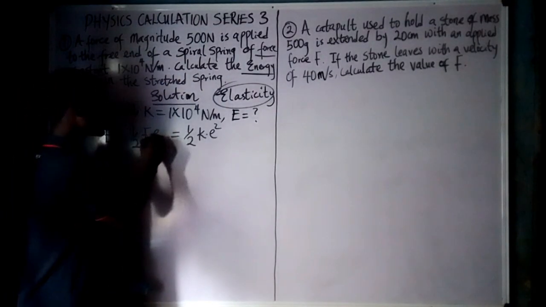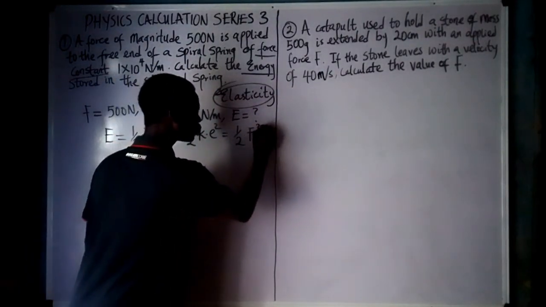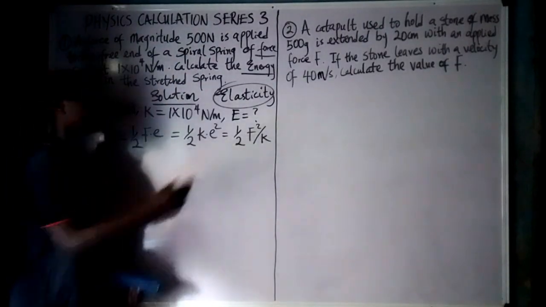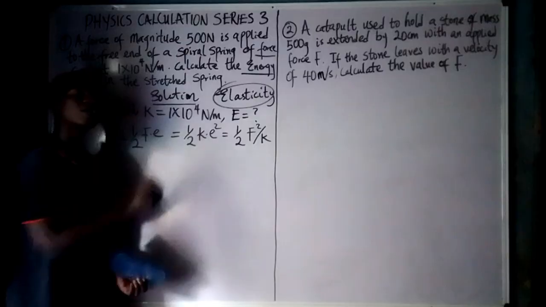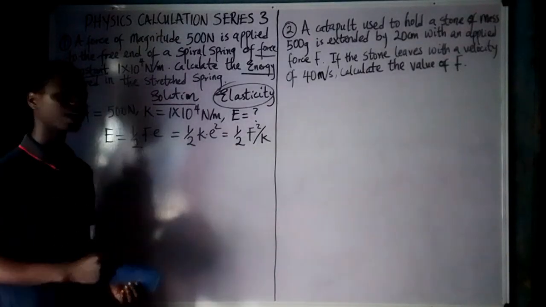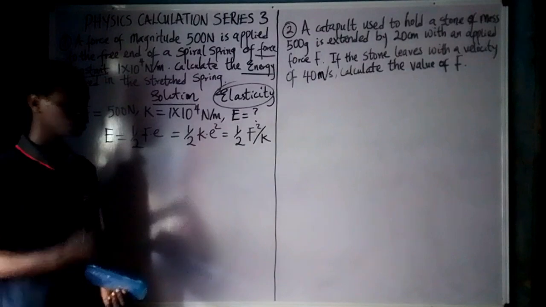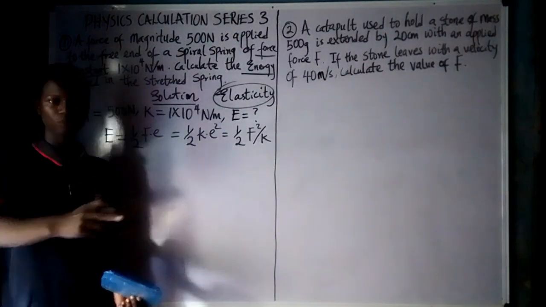Then we can also say it's equals to 1 over 2 F squared divided by K. So these are the numerous formulas we can use to find energy stored. And these same formulas can also be used when you are asked to find the work done in an elastic spring. So take note, energy stored or work done, you can use all these formulas.